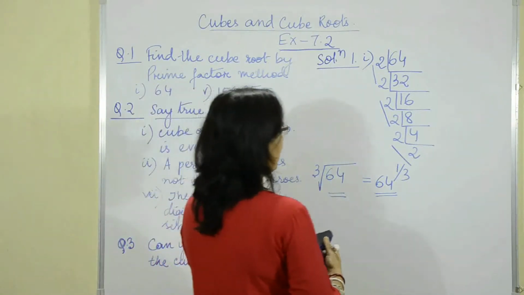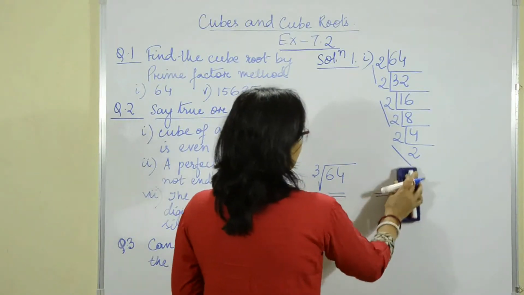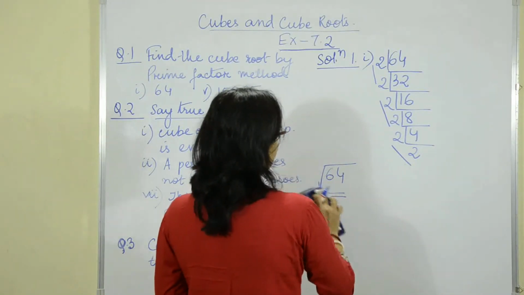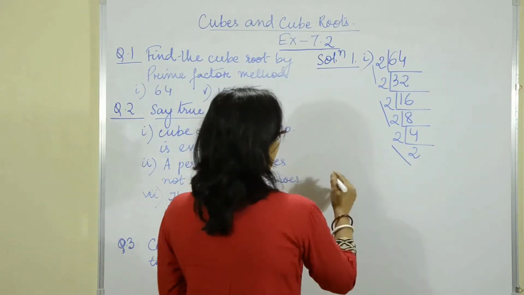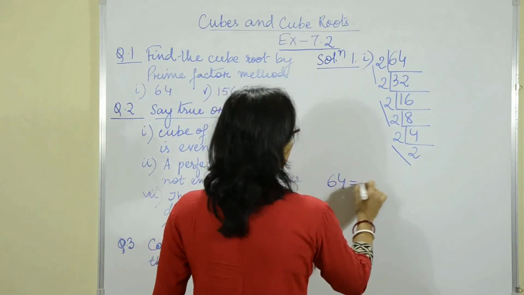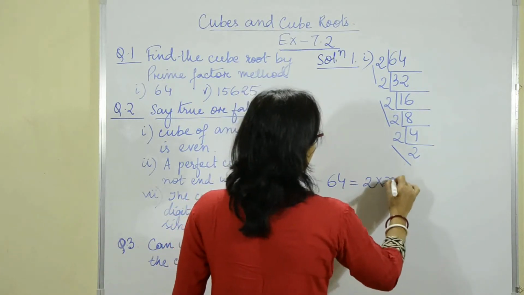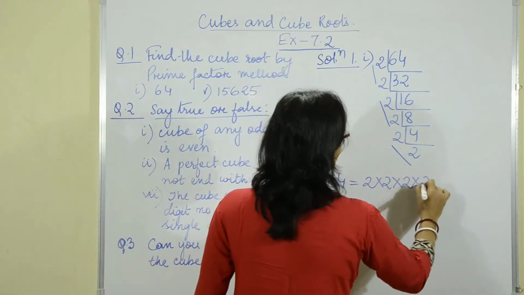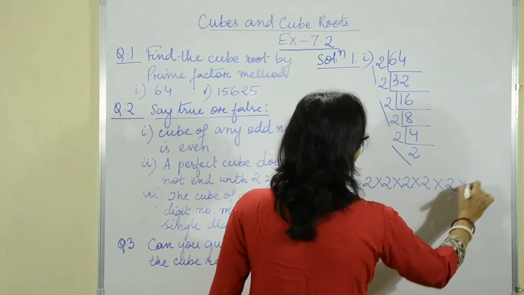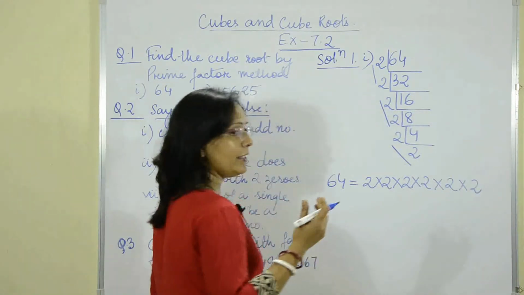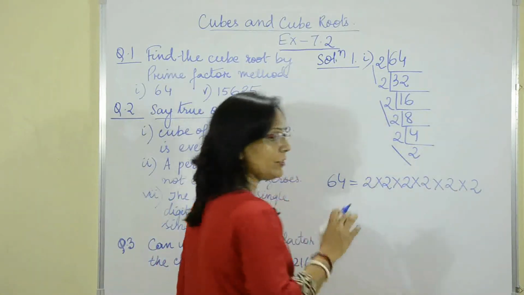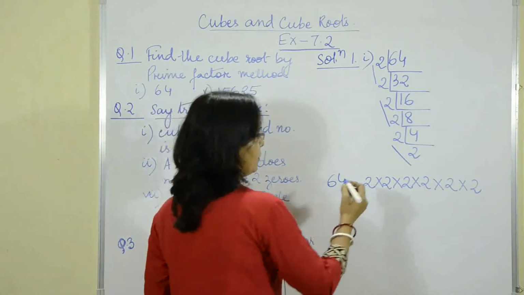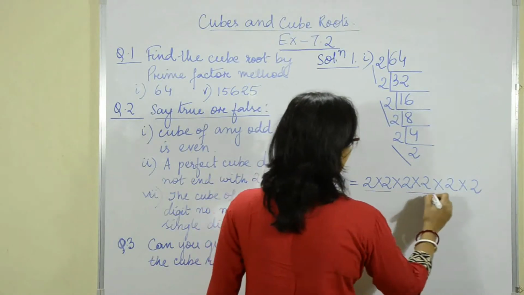So here what do we write? First we write 64 equals 2 into 2, then again 2 into 2, and again 2 into 2. Since we need the cube root, we need the same number 3 times, so we pair it up in this way.